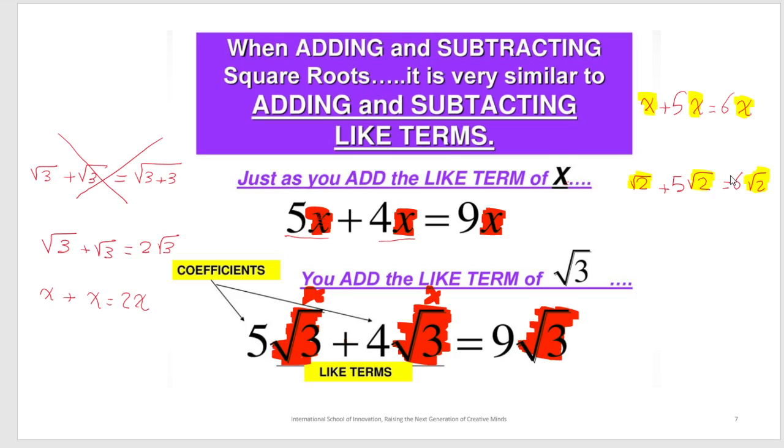That's it. So I suppose now when I ask a question, most of you will answer. 2 radical 11 plus 7 radical 11. What will the answer be? It is 2 plus 7, 9 radical 11. And everything is fine till now.